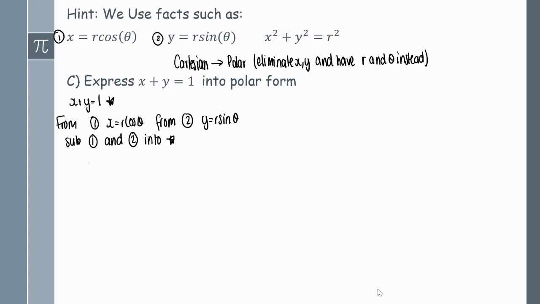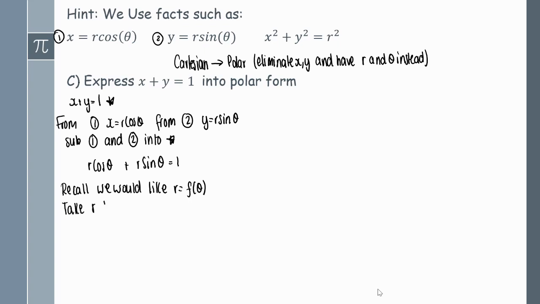All right, this is what we'll get. x is r cos theta plus y, well, that will be r sine theta, and all of it equals 1. This is already in polar form, but remember we want r equals a function of theta. So we want r as the subject and all the thetas on the other side.